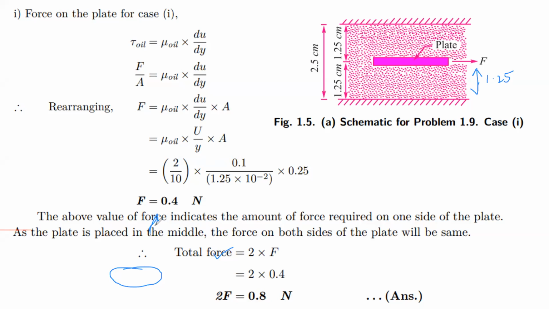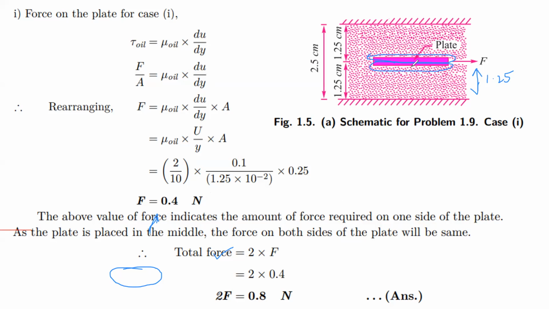Now this value of the force indicates the amount of force required on one side of the plate, to overcome the shear force on one side of the plate. On the other side, again the same situation is there. Therefore, whatever force answer 0.4 Newton I got, I have to multiply by 2, because you need to overcome two shear forces acting on the two surfaces.